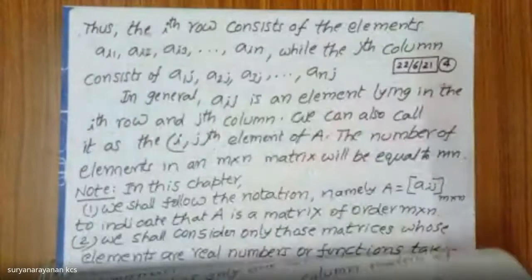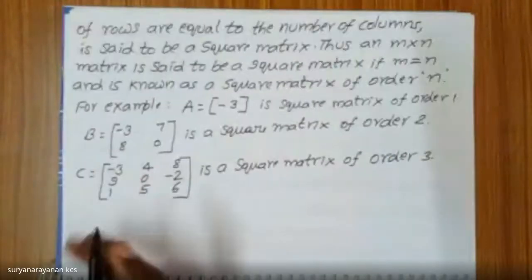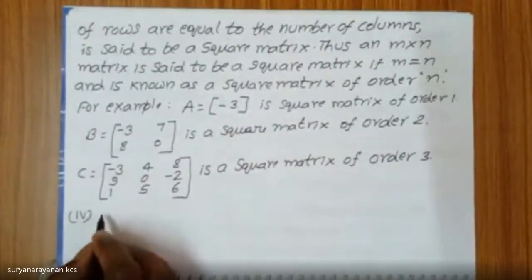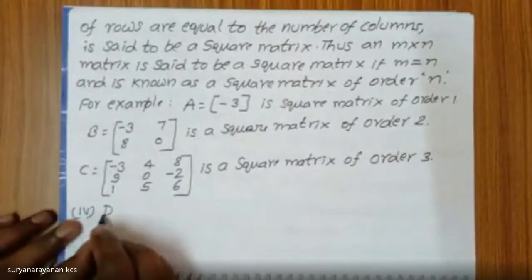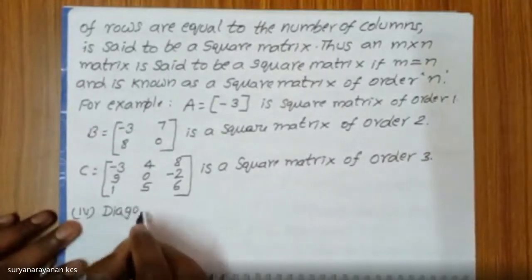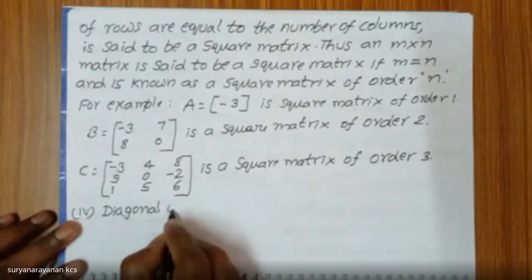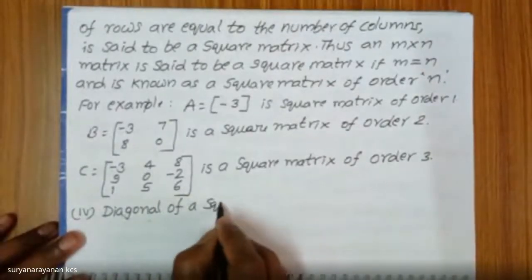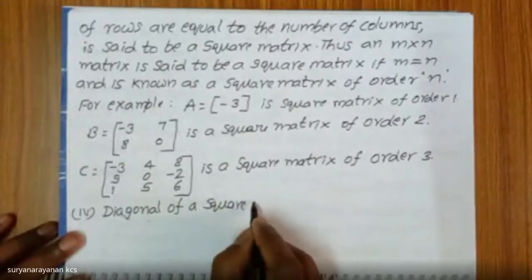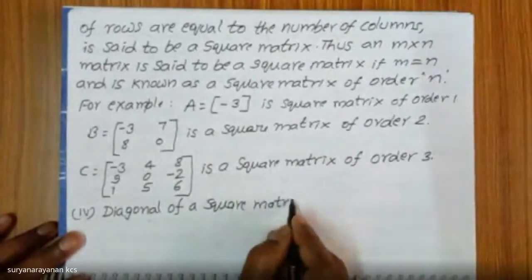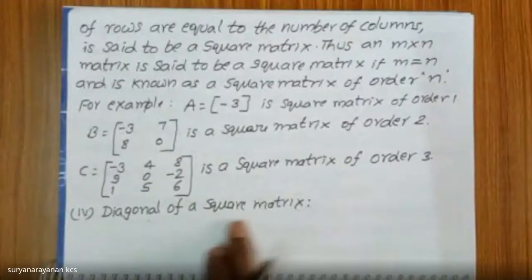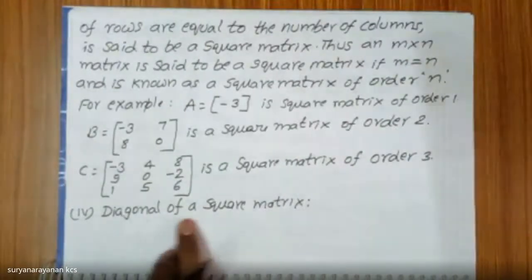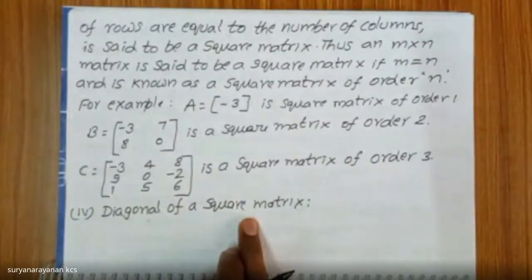Next point: the diagonal of a square matrix. We don't discuss the diagonal of any matrix, only in the case of a square matrix.